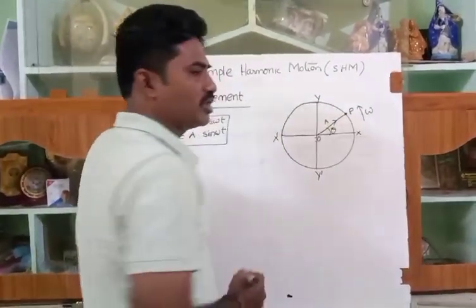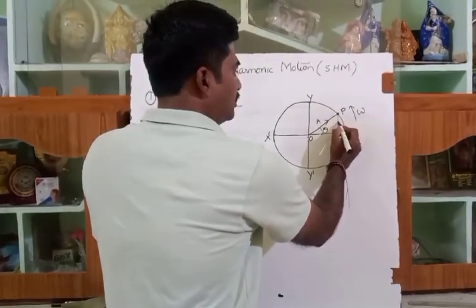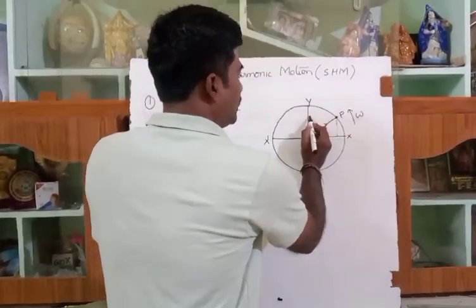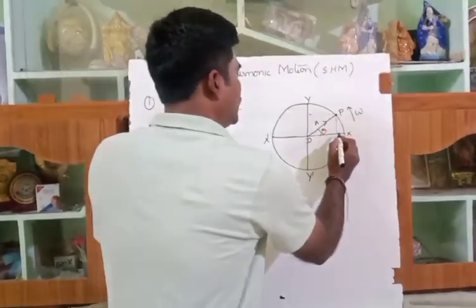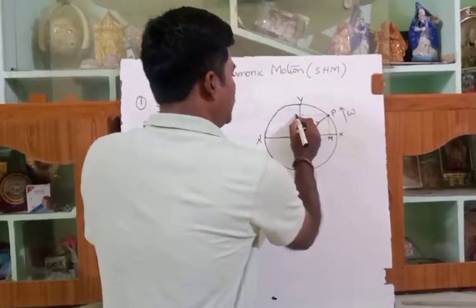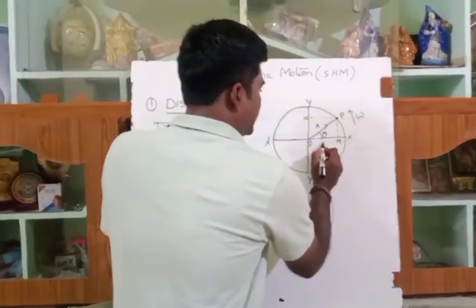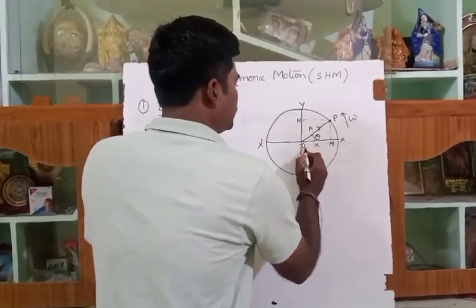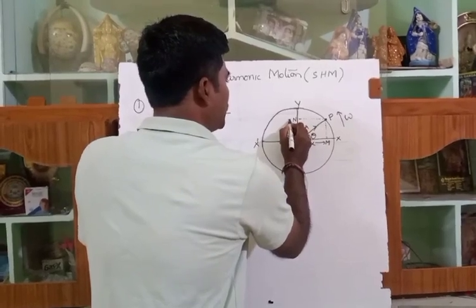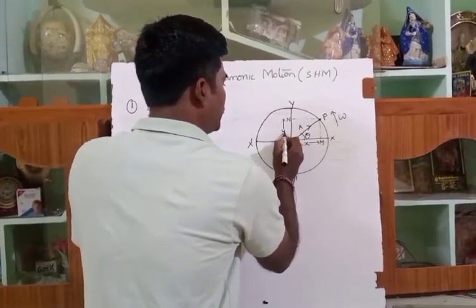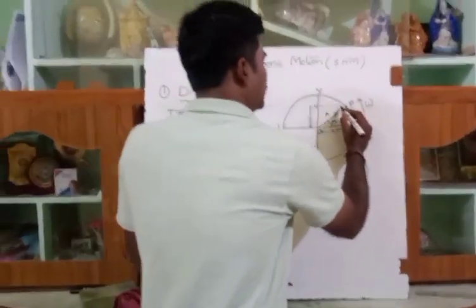Now to know the position of the particle, we draw the normals on the x-axis as well as the y-axis. These are the two normals named m and n. The m is the distance x from the mean position and n is the distance y from the mean position. Here these are the angles.